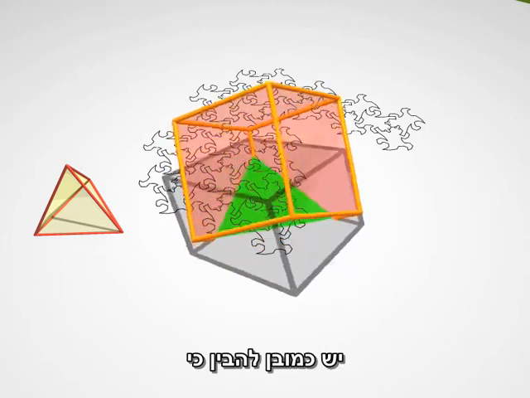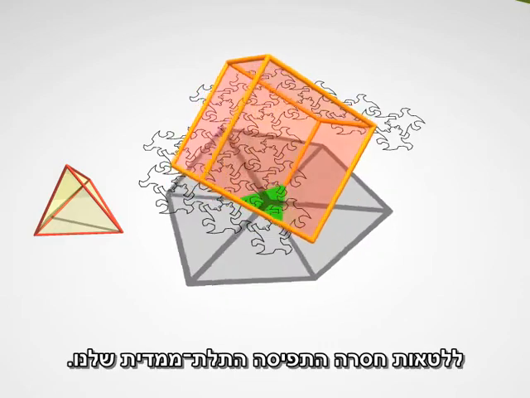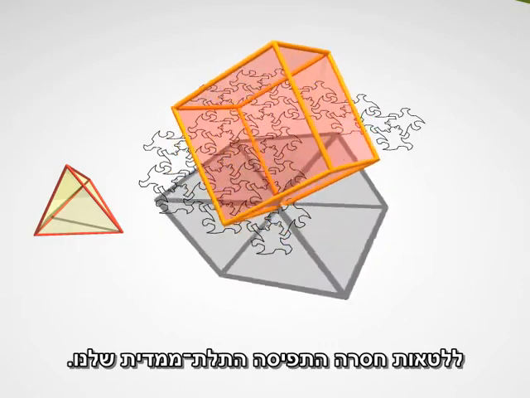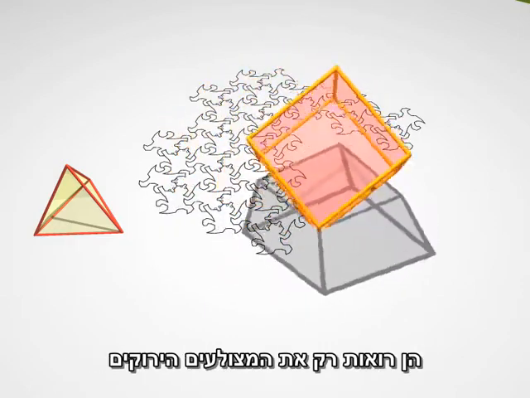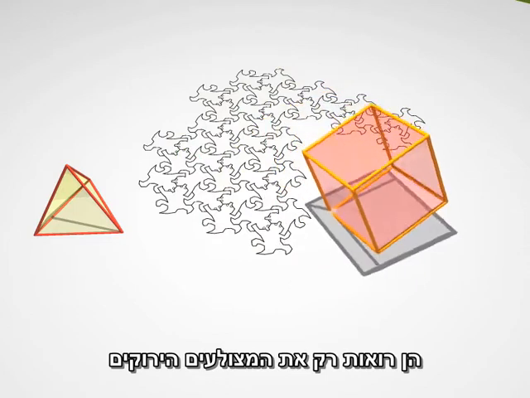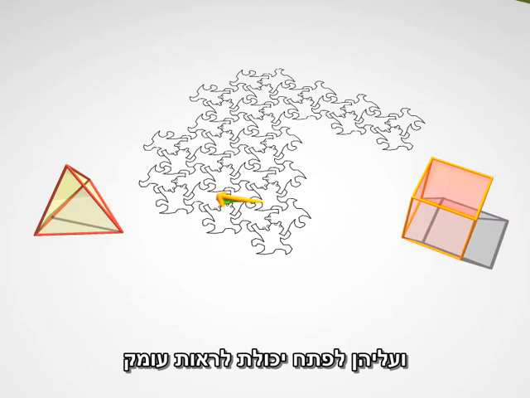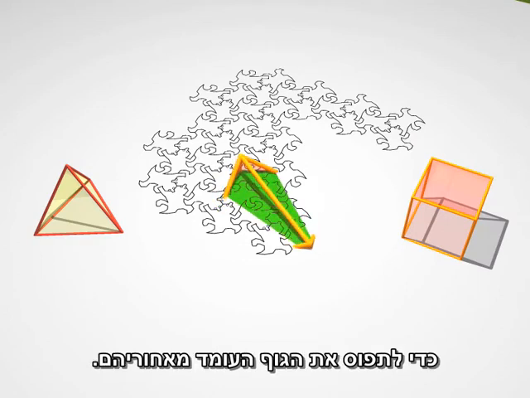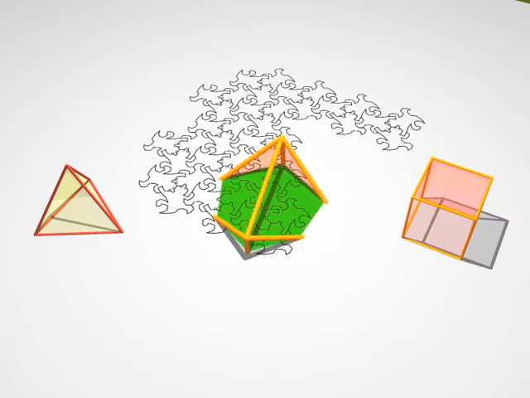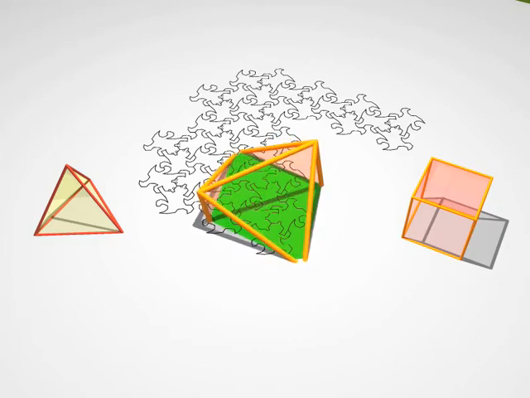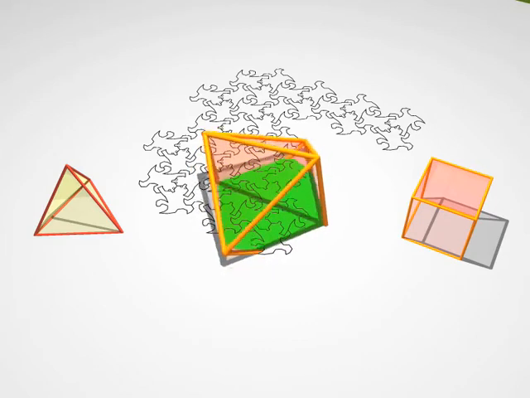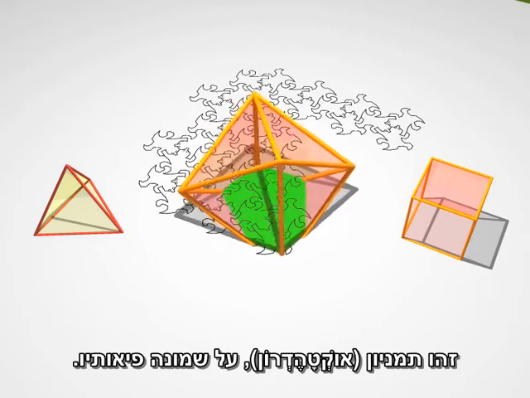Of course, you have to remember that these lizards don't have the same perspective that we have. All they see is a sequence of polygons, and they'll have to develop an understanding of depth in order to fully appreciate the shape of the body. And now what? An octahedron with its 8 faces.